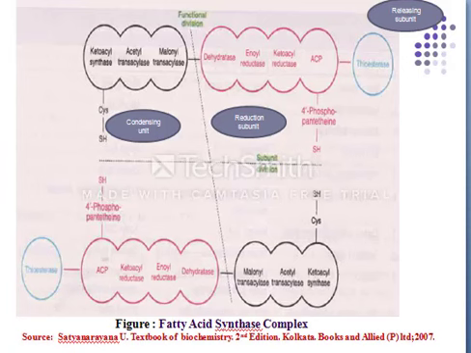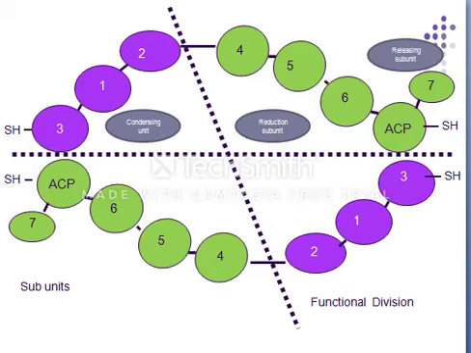Here, the ACP has the 4-phosphopantetheine, which has an SH group in close proximity with the SH group of the cysteine residue of the ketoacyl synthase. So it is a multifunctional enzyme, also known as a multi-enzyme complex. It has the activity of 7 enzymes and 1 protein, that is acyl carrier protein, and it is a dimer composed of 2 monomers, and only the dimer is functionally active.